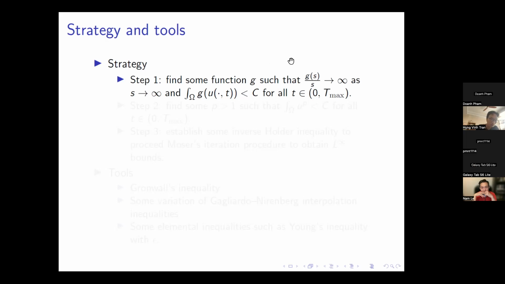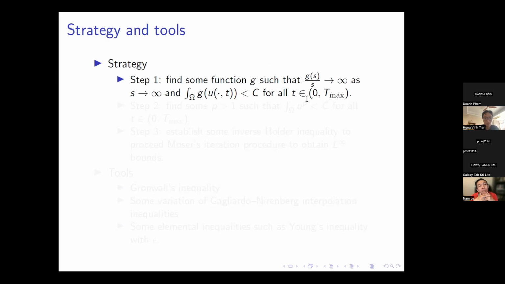But when we look at a lot of research papers, we can find a uniform method, which is this one. We found that if we consider a function G satisfying the slow roll condition, then it works like this. So we don't have to use u log u.